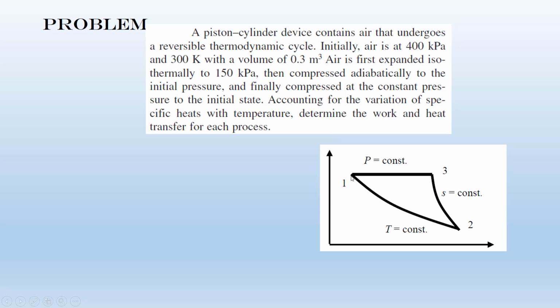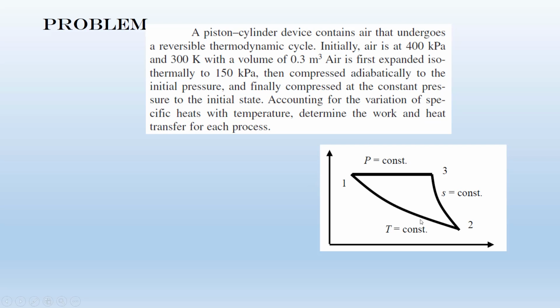From point 1 to point 2, it's a constant temperature or isothermal process, and then from point 2 to point 3 it's an isentropic process, constant S, and then from point 3 to point 1 is constant pressure. So if you have some information, you can just make a table to add all this information. You are asked, by using the variable specific heats, to calculate work and heat for each process.